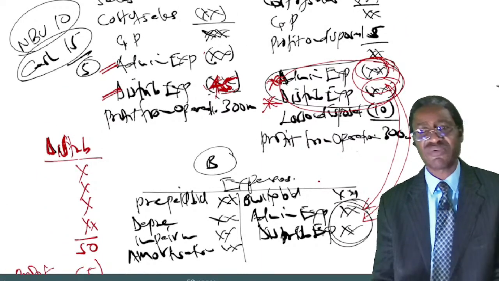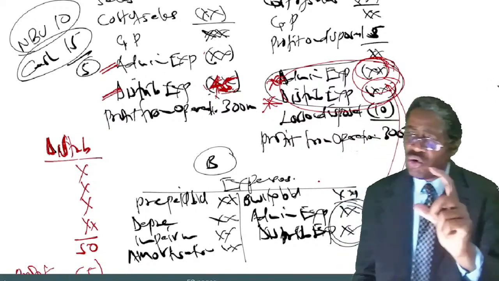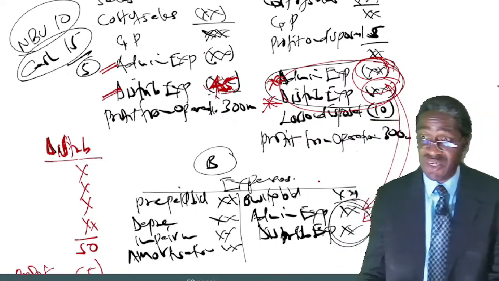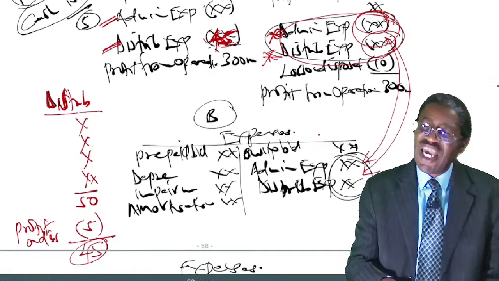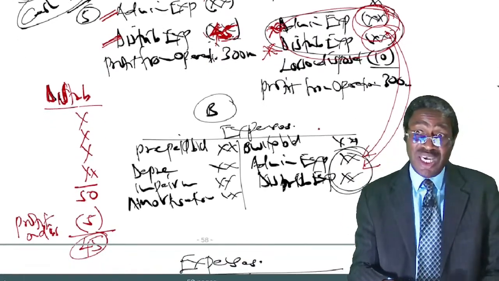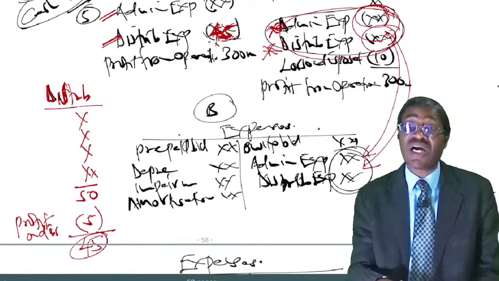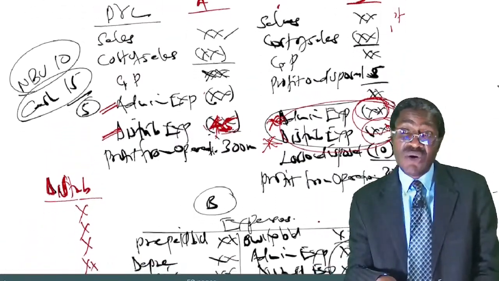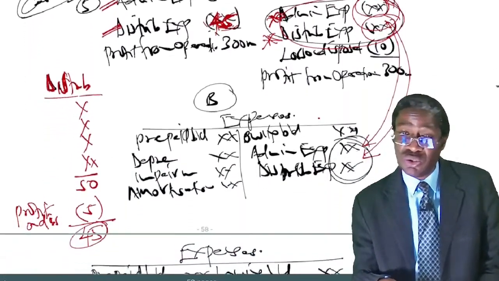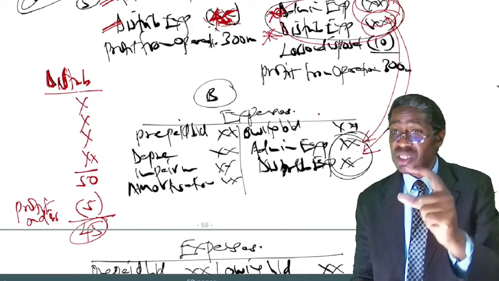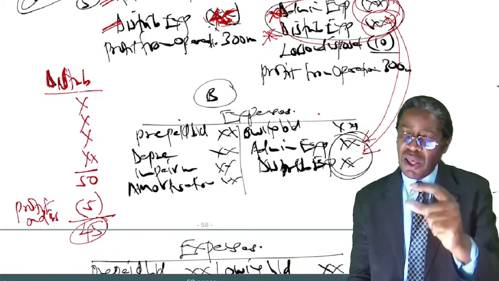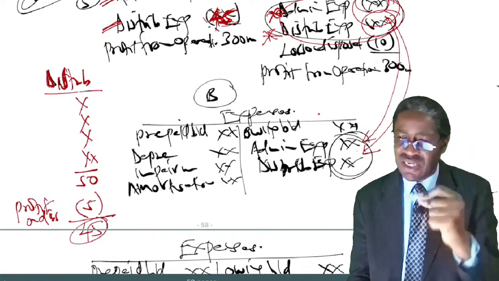So we are concluding, listen carefully, that when you don't see the gain on disposal in the income statement, like accountant B, then you conclude that the profit must have been netted.